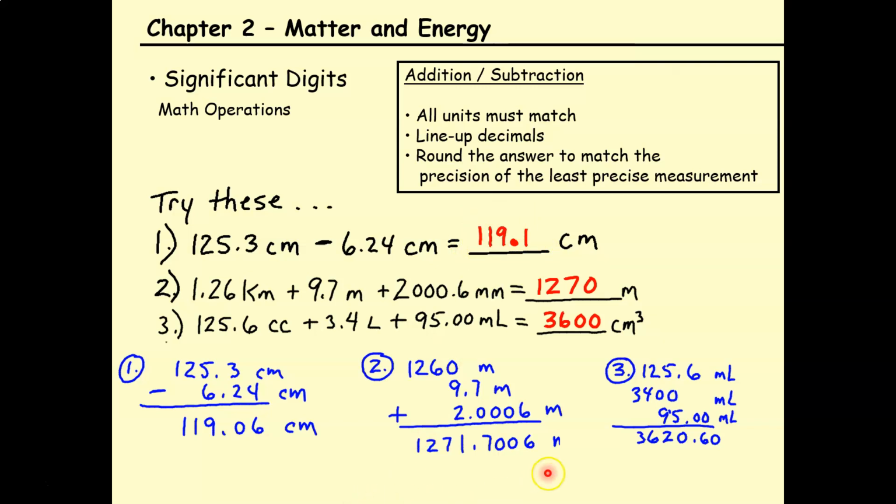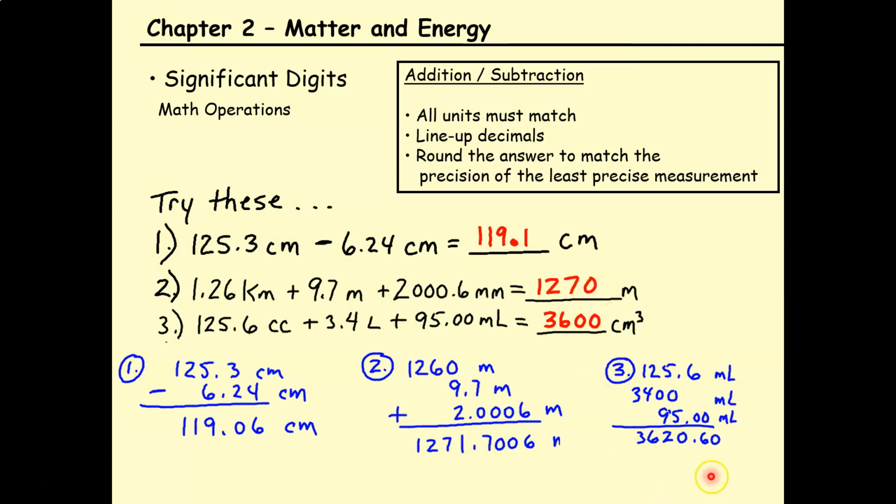In the second one, the least precise is the first one, and it's in the tens column. So my answer has got to be rounded in the tens column. 7 followed by a 1, I'm going to leave it as a 7. But then I got to tack a 0 on so my decimal stays in the right place. So the correct answer would be 1270.